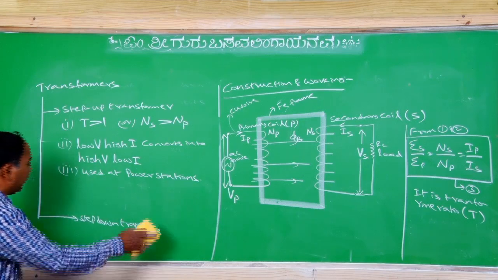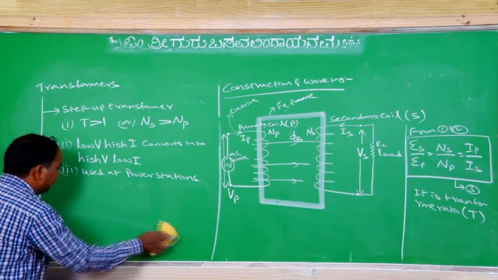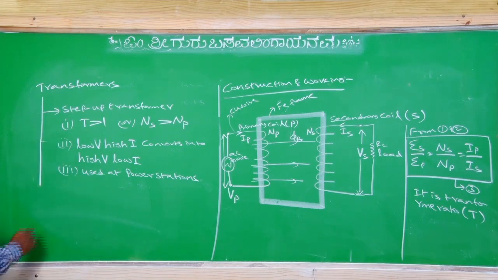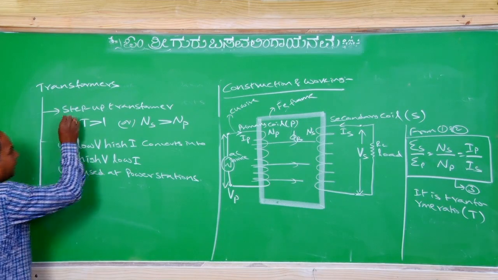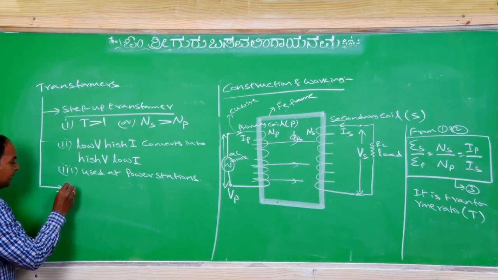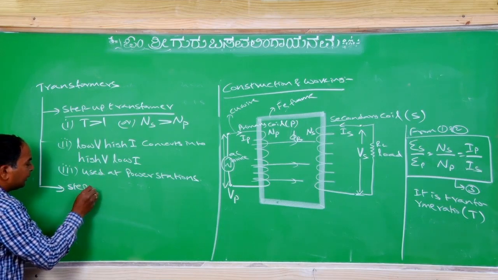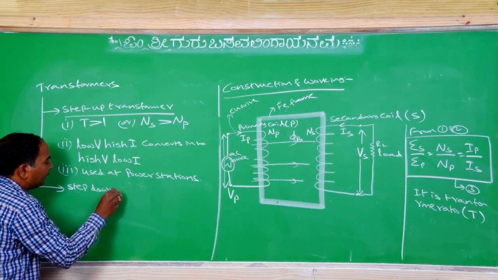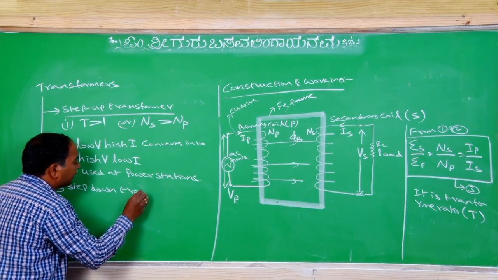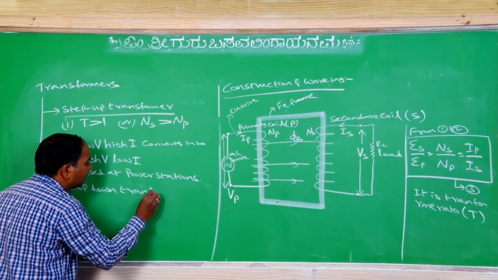After this, the second type we learned is the step-down transformer. Now you are able to tell what is meant by a step-down transformer.